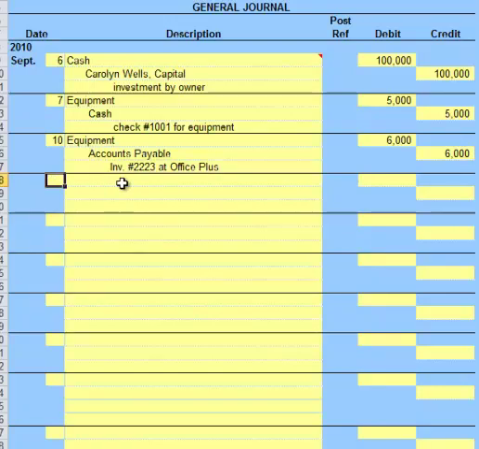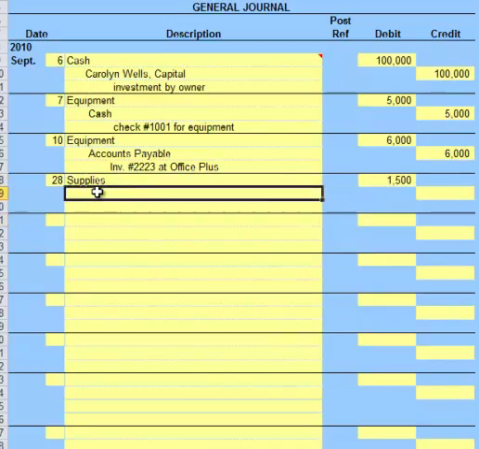All right, I'm turning the page. On page 94 in your textbook, it says on November 28th, Wells Consulting Services purchased supplies for $1,500 and wrote a check, 1002. So we bought supplies and wrote a check. So I'm going to fill in the date first of all. That was the 28th. I'm going to debit the supplies account for $1,500.